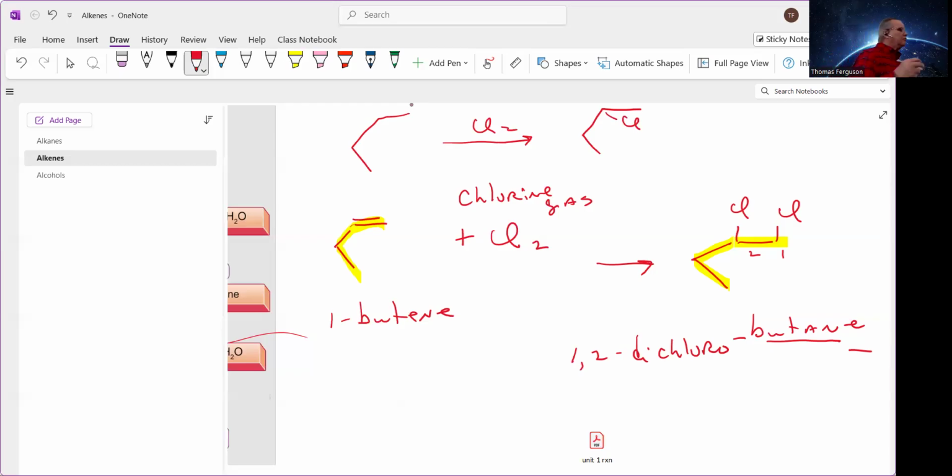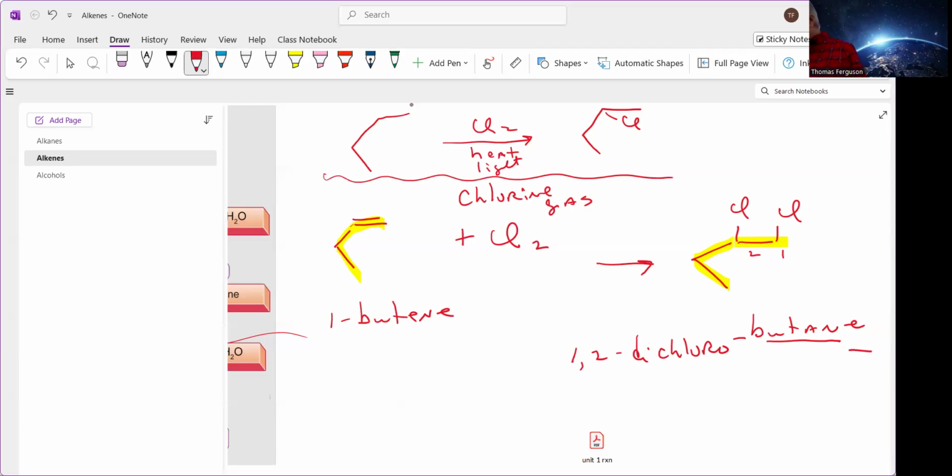Here we're adding chlorine across a single bond. And that won't happen unless we add energy. And that energy is heat and light. That's the only way that'll happen.